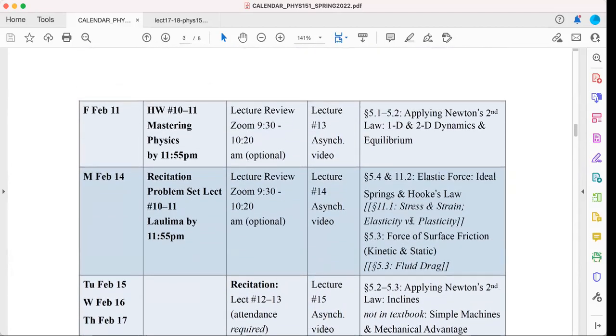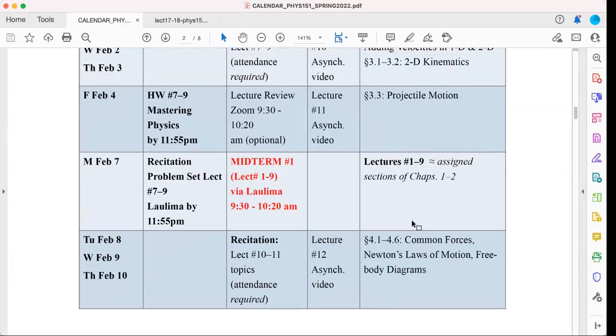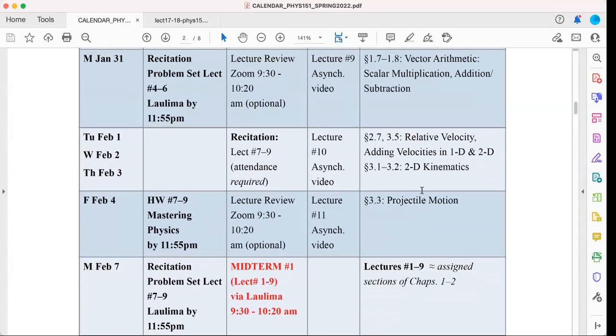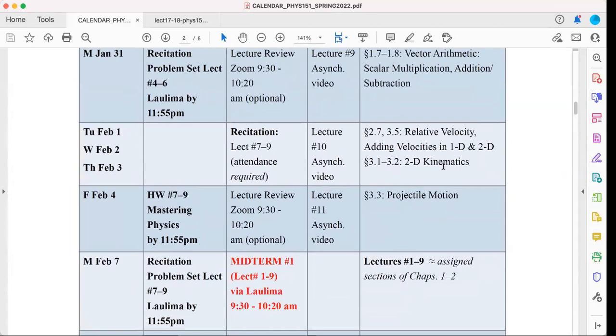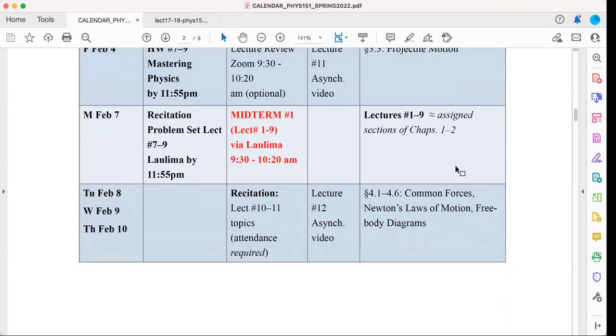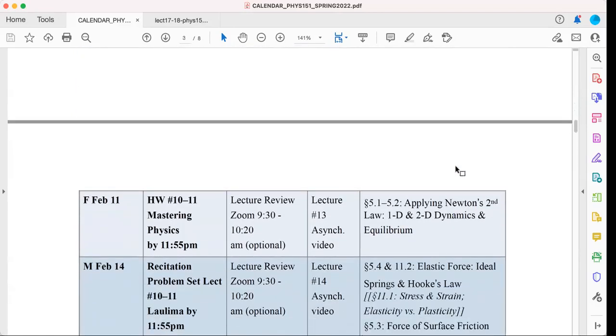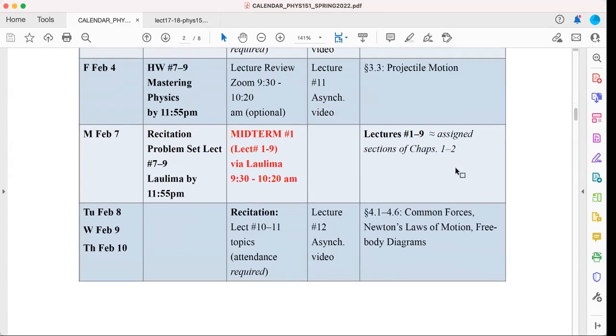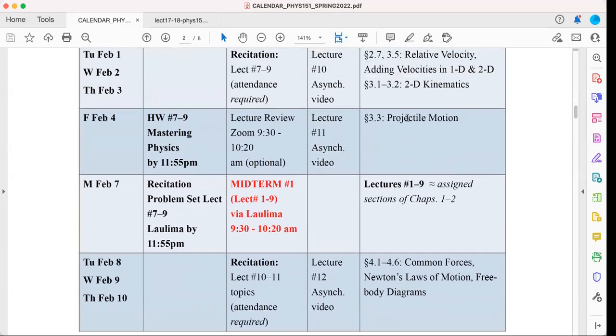So essentially what the midterm covers is lectures 10 to 15. It starts with relative velocity, 2D kinematics, projectile motion.